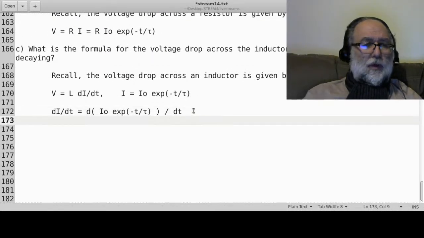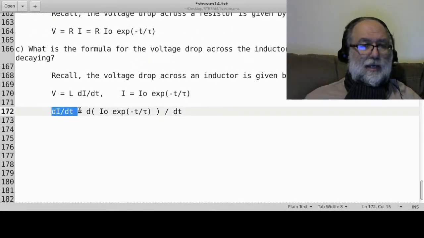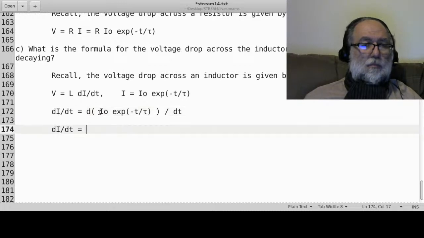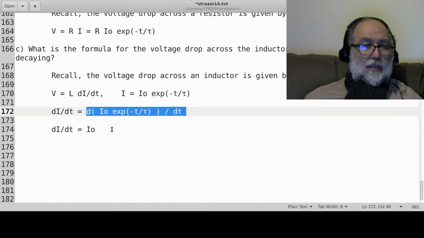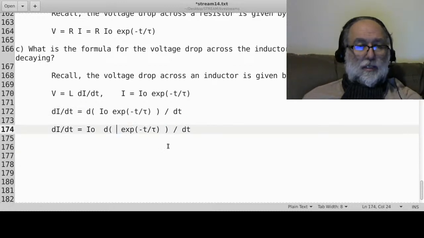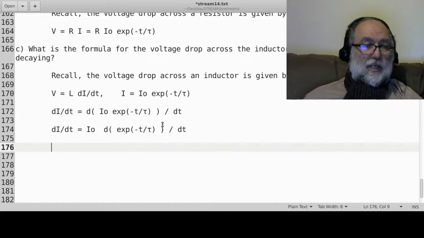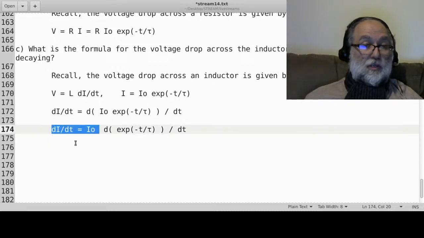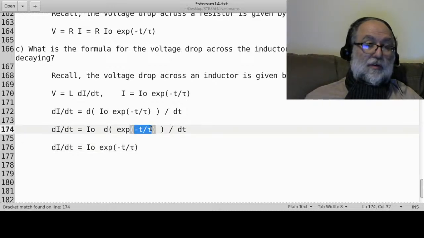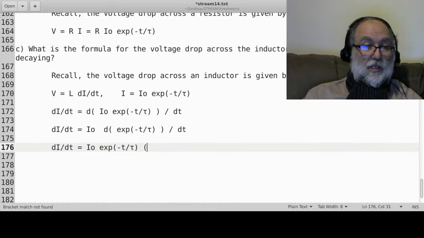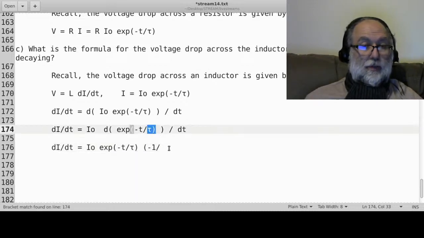All right. So what you'll get here is di by dt is equal to, pull out the constant, multiplied by the derivative of just the exponential piece. And the derivative of just the exponential piece, because it's an exponential, is the exponential back again, but multiplied by the derivative of the argument with respect to time, which is minus 1 divided by tau, like that.